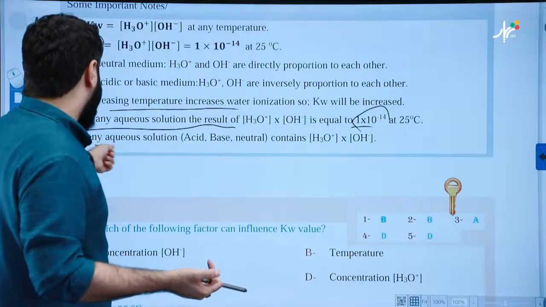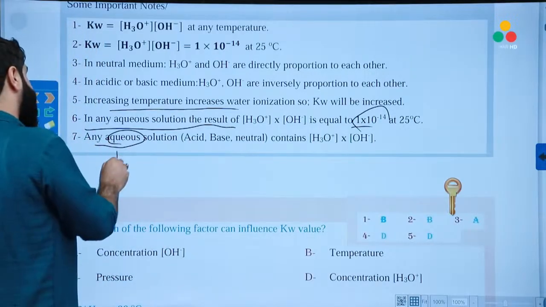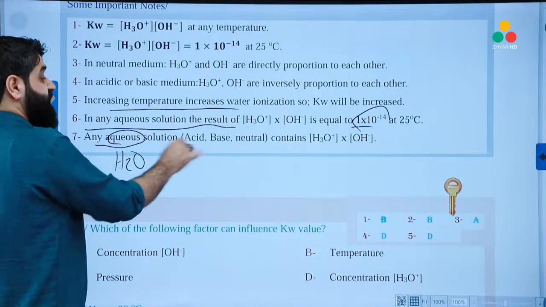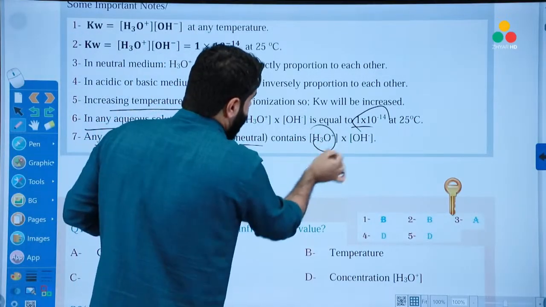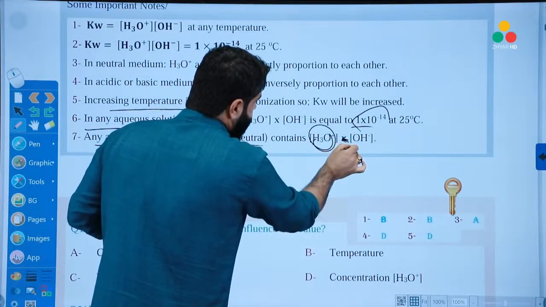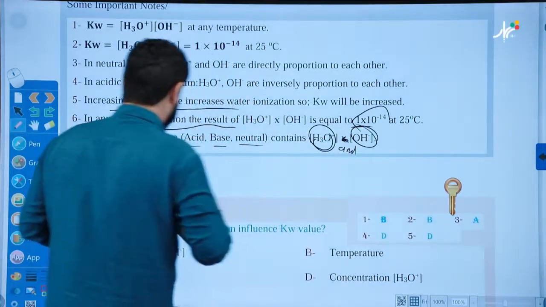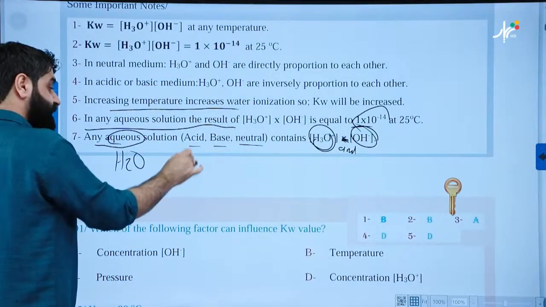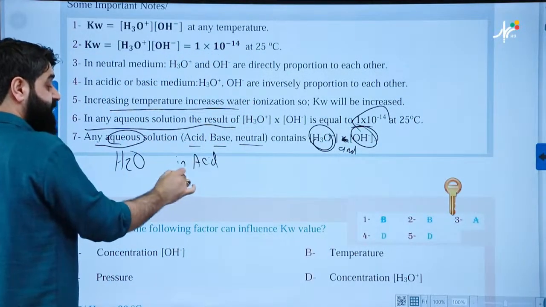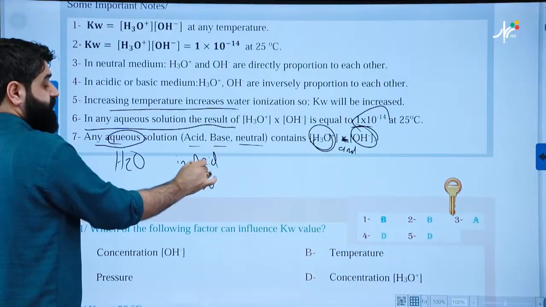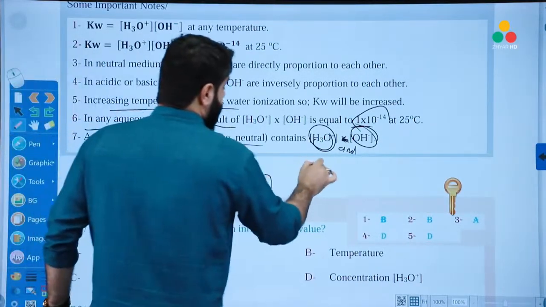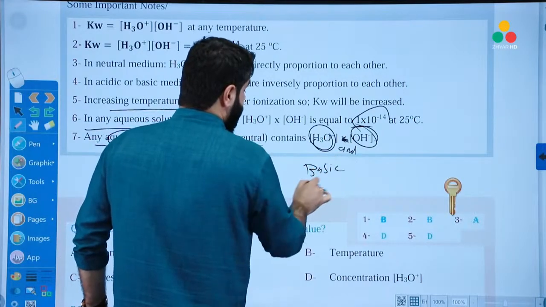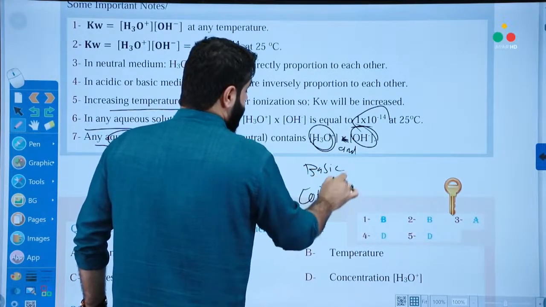That means any aqueous, it means water-based solution. No matter if it's acidic, basic, or neutral, all of them contain H3O and OH. But in acidic, H3O is greater than OH. In basic or alkaline, OH is greater than H3O.